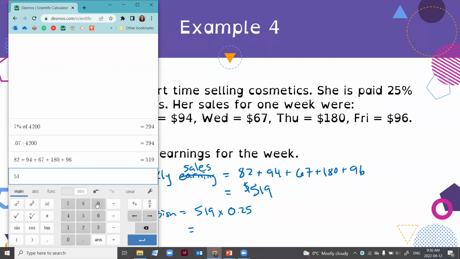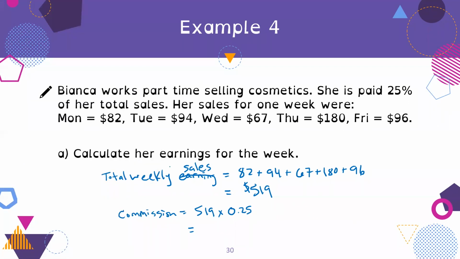So 519 times 0.25 is equal to $129.75. So she actually makes $129.75. She does not make $519. That's how much she sells, but she takes home $129.75.